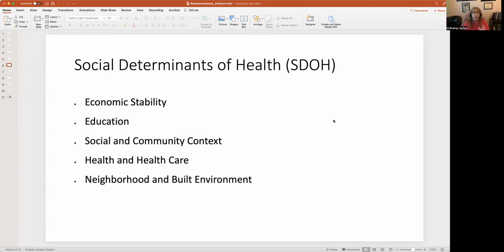But we're going to start with collecting the data from our patients so it can be coded and reported so that the statistics and the research can be done. We as health information management professionals contribute to this just by doing our jobs.